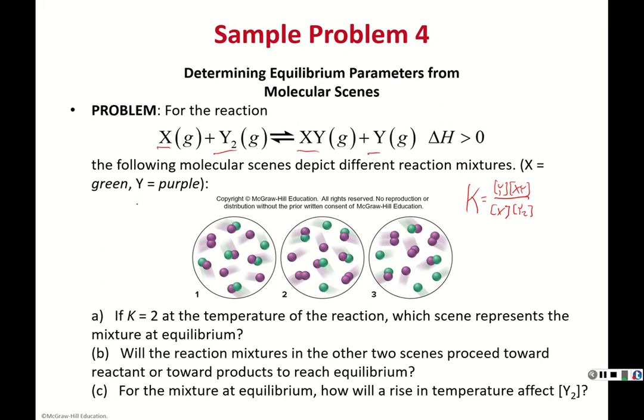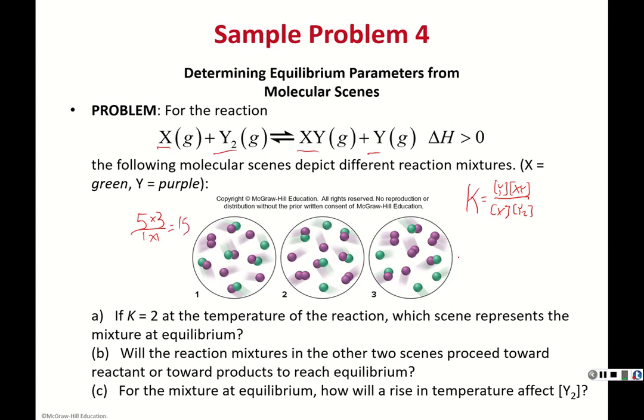So 1 would be, we'd have 5 times 3 over 1 times 1. So that would be 15.